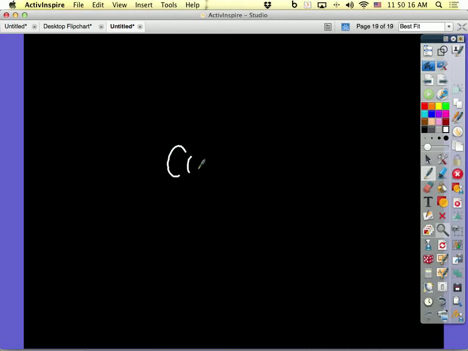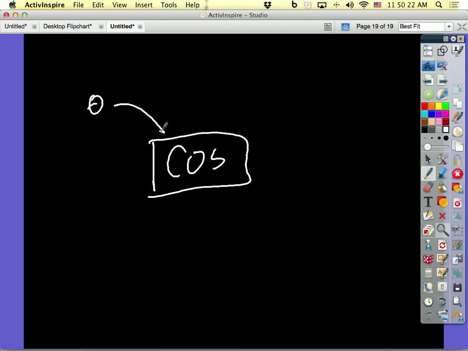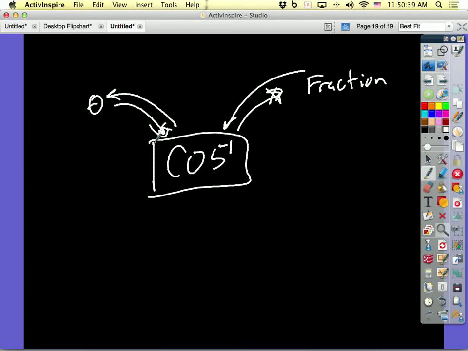So cosine, sine, tangent, whatever, it's this magic box. If you throw in a theta, you get out a fraction. Likewise, if you put it in reverse, the inverse, you get this.